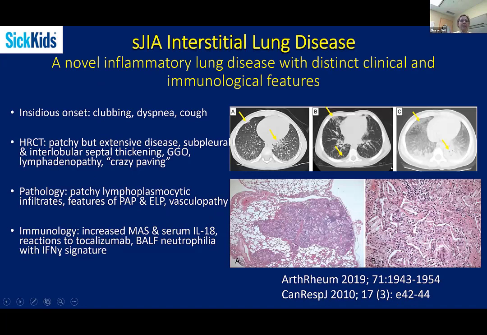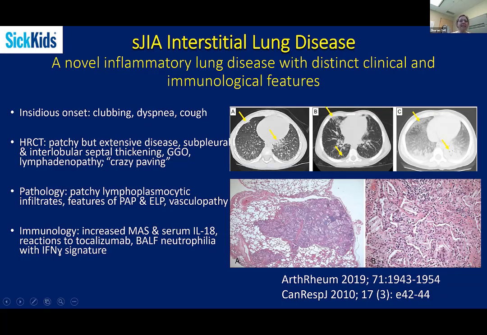This is a disease where there's a very insidious onset in children with SJIA. They often present initially with clubbing and no symptoms, and then they develop symptoms of dyspnea and cough. So this is something you have to be aware of in the SJIA population.